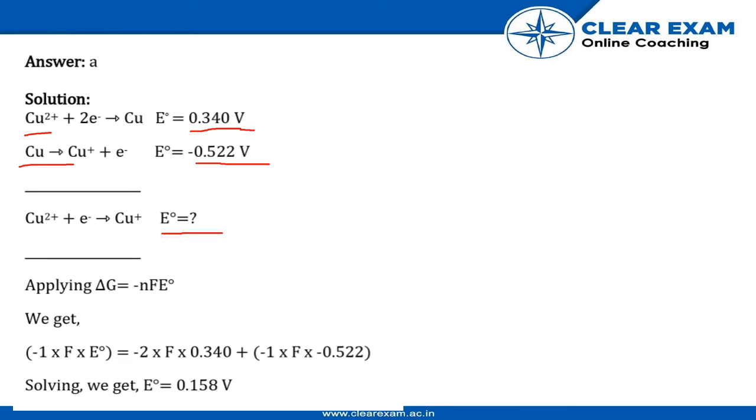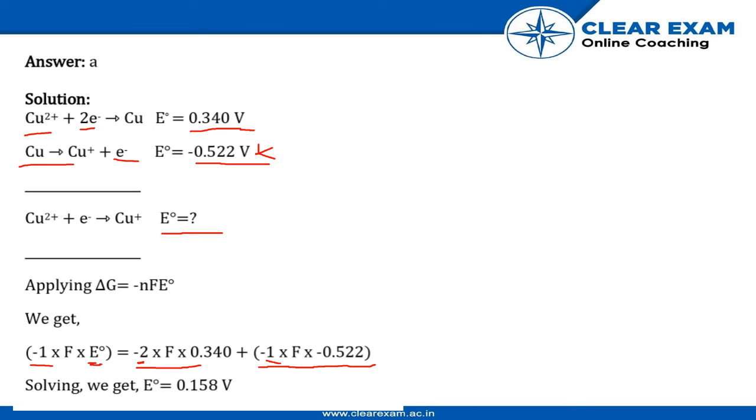So applying delta G equals minus n F E naught, we get minus 1 into F into E naught is equal to minus 2 into F into 0.340 plus minus 1 into F into 0.522 volt. We are taking minus 2 because there are 2 electrons here, and we are taking minus 1 because there is only 1 electron here.